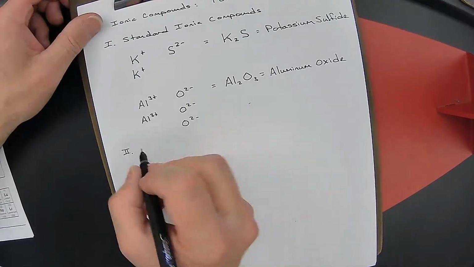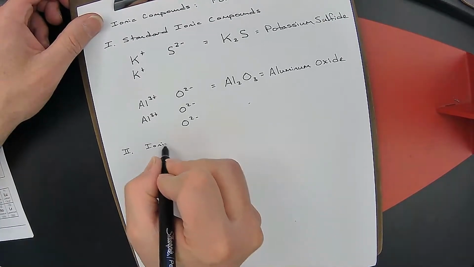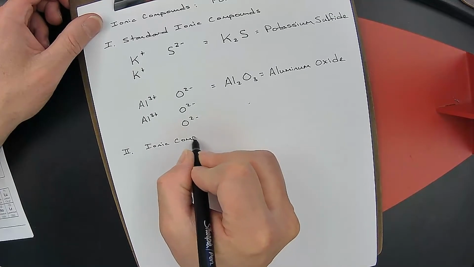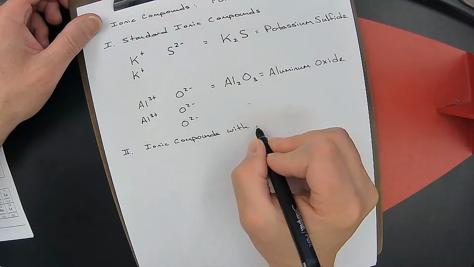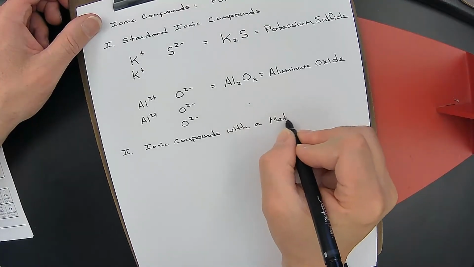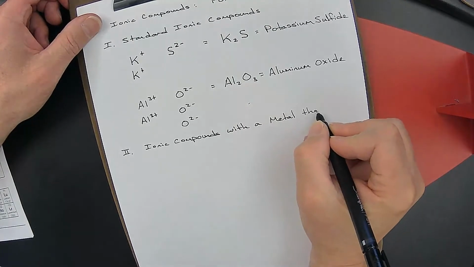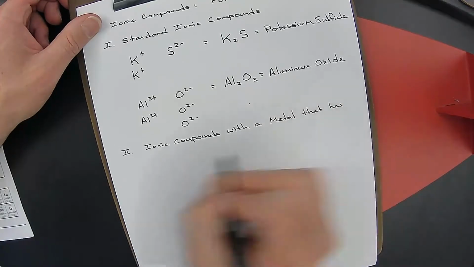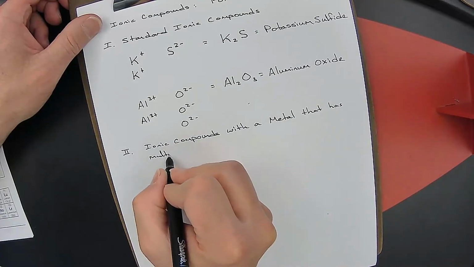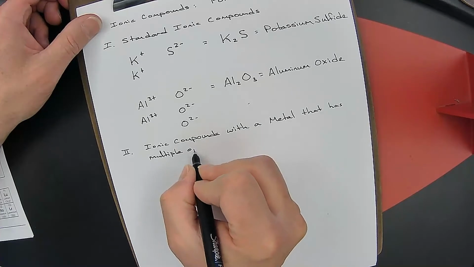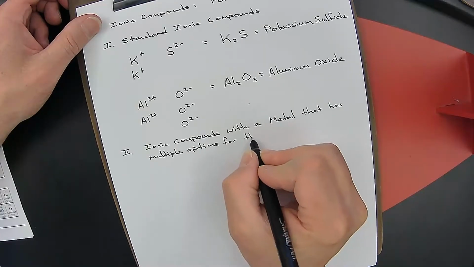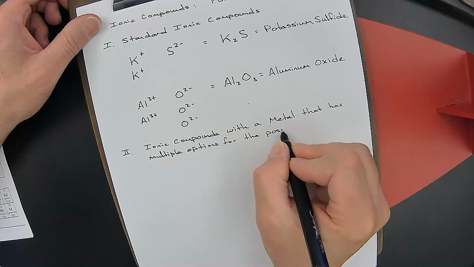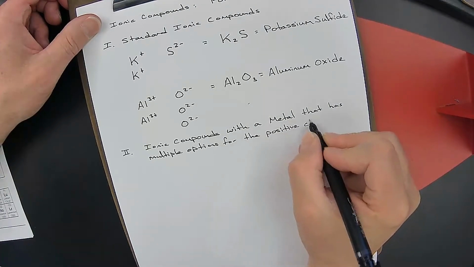We also have ionic compounds with a metal that has multiple options for the positive charge.